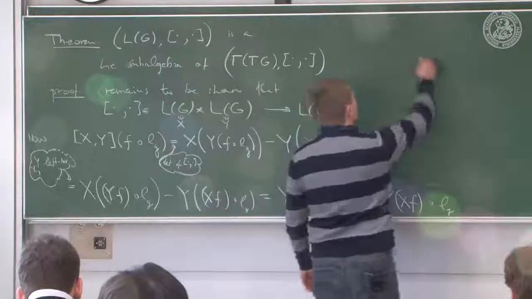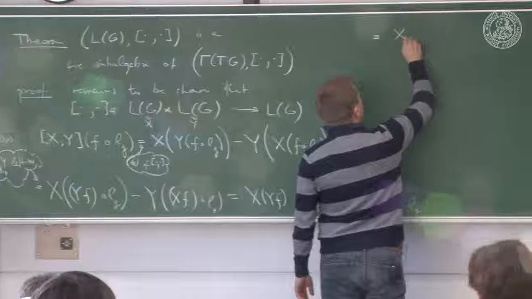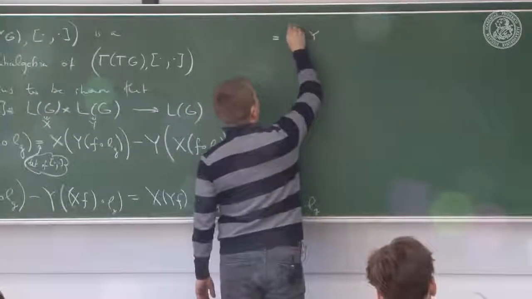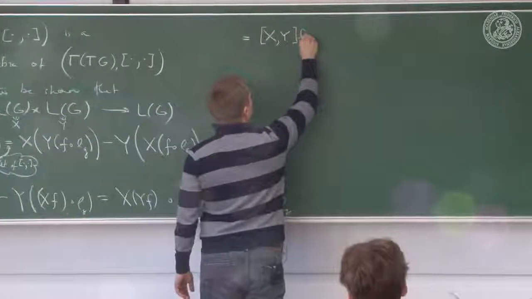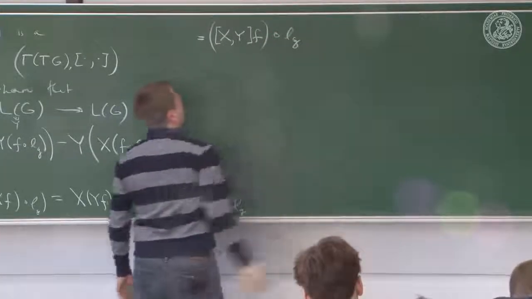But that's simple because this is nothing but x comma y acting on f, and then you have Lg.